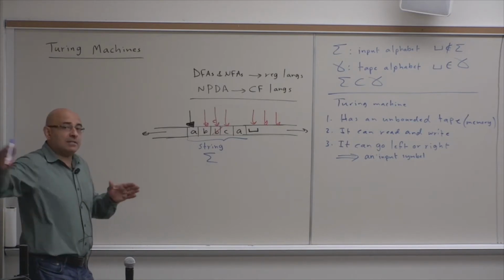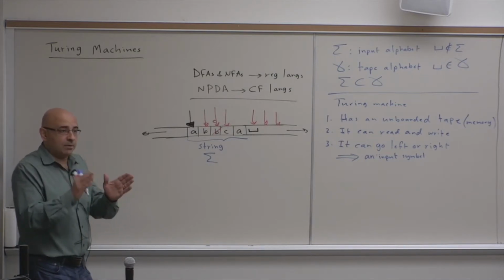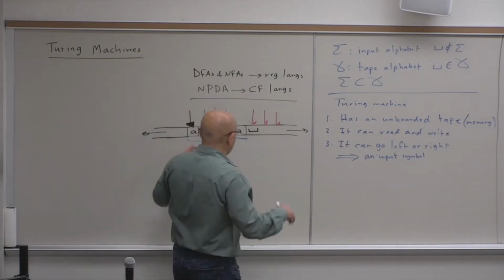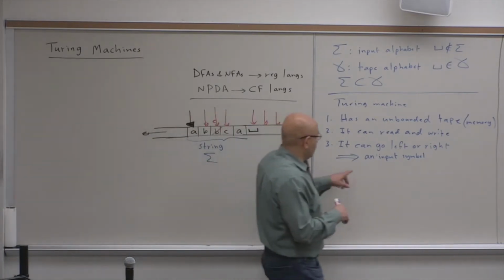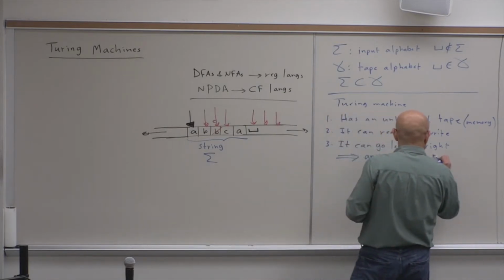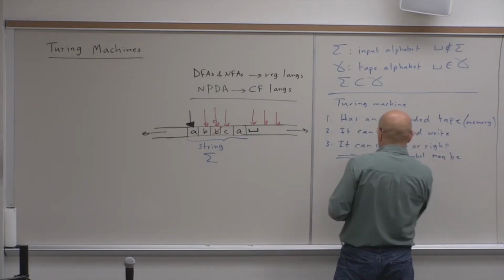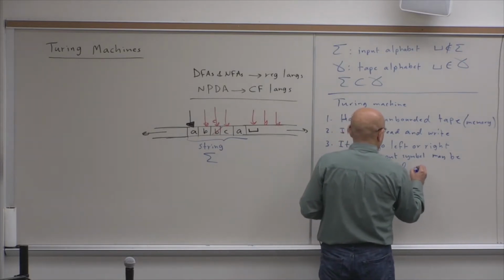What a program writes in memory can be much more than what the input is. So we are going now to a much more general model of computation. So an input symbol may be processed multiple times.